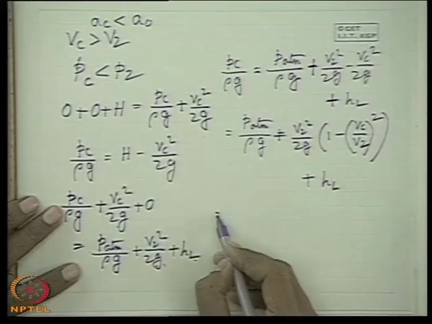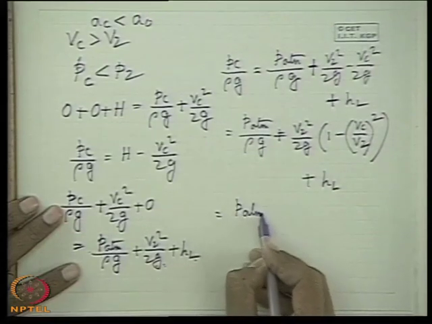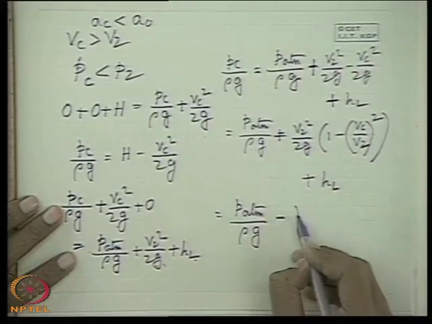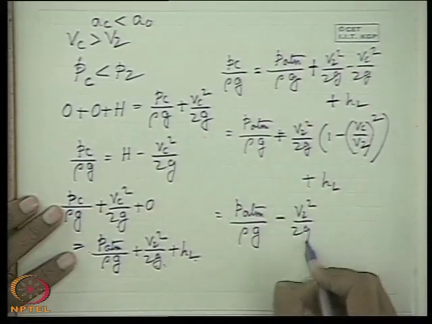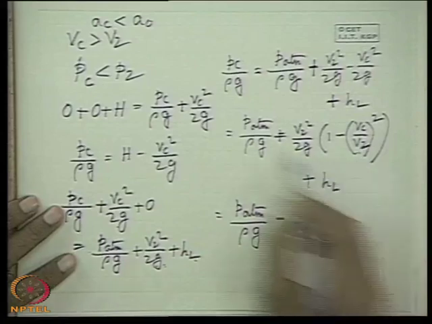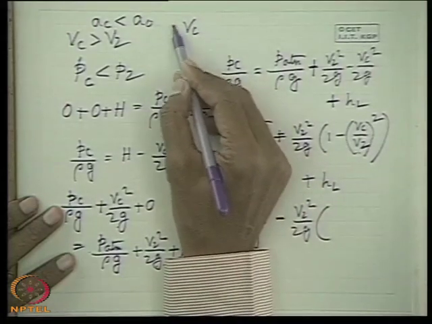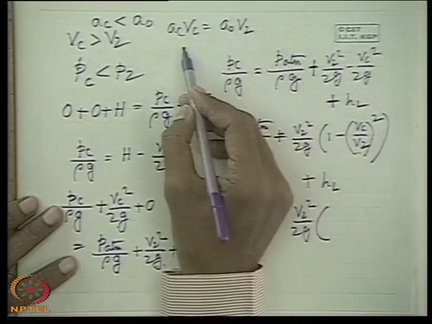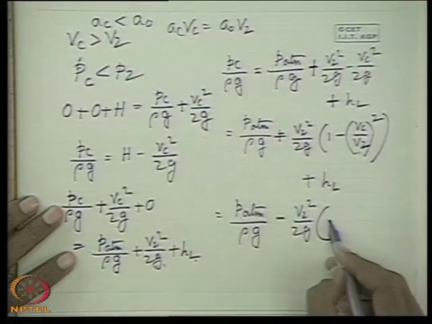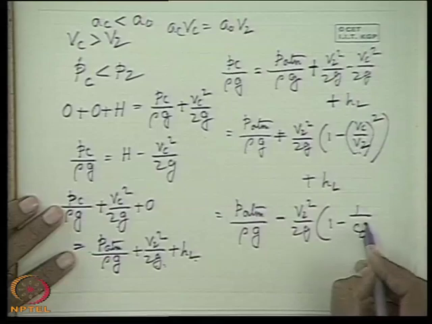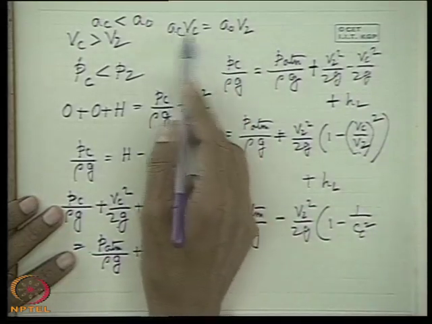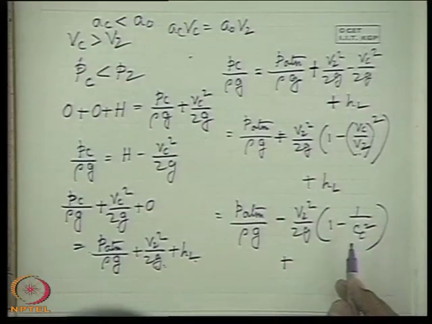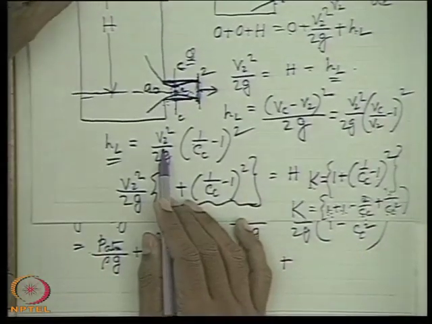Now this can be written as P atmosphere by rho g minus, this is the discharge, what is Vc by V2? Again Vc into AC is equal to A0 into V2. So Vc by V2 is 1 by Cc. So 1 minus 1 by Cc square, 1 by Cc, Vc by V2, okay? Plus what is HL? V2 square by 2g.